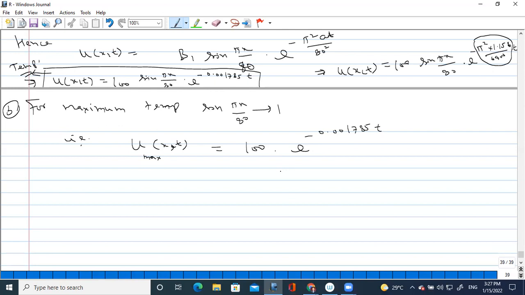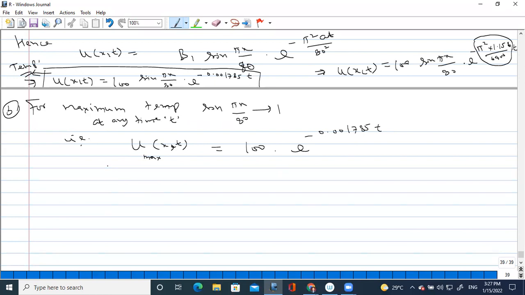But if I am asking the exact pinpoint maximum temperature, for that you have to take t equal to 0, so that will be 100. But at any time t, the maximum temperature you multiply by e to the power minus this, means the t function also will be there. Understood?